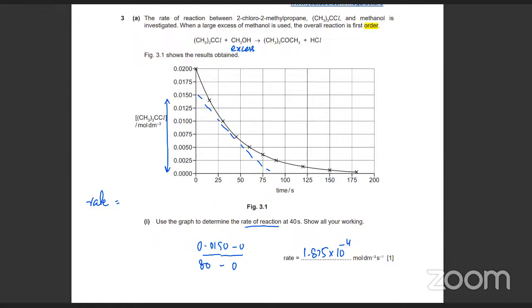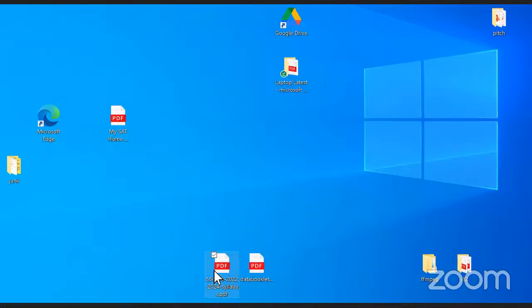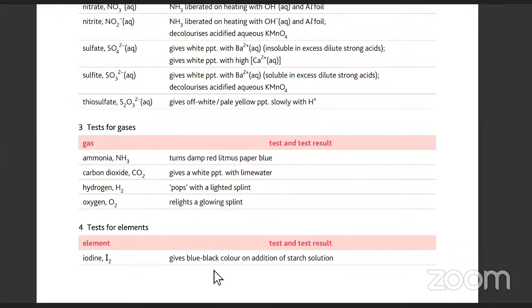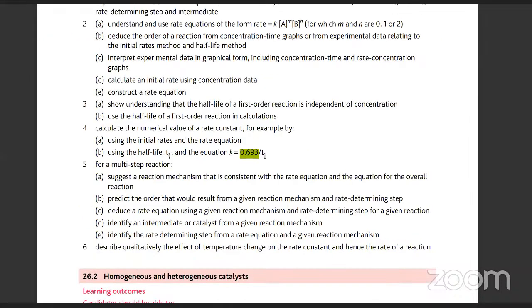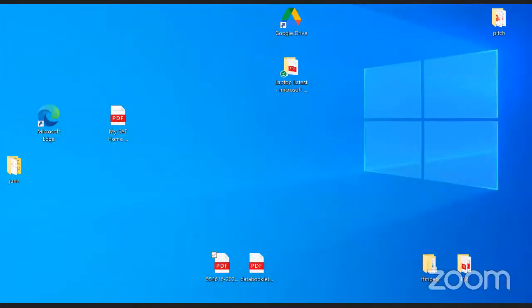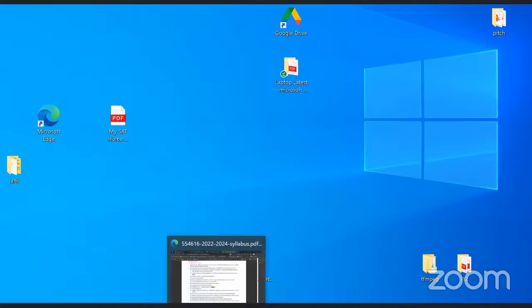It's 0.693, and let me just double check the constant. 1 second. 0.693. K is equal to 0.693, not rate. That's the rate constant. You can't use the half-life, at least not in this case.